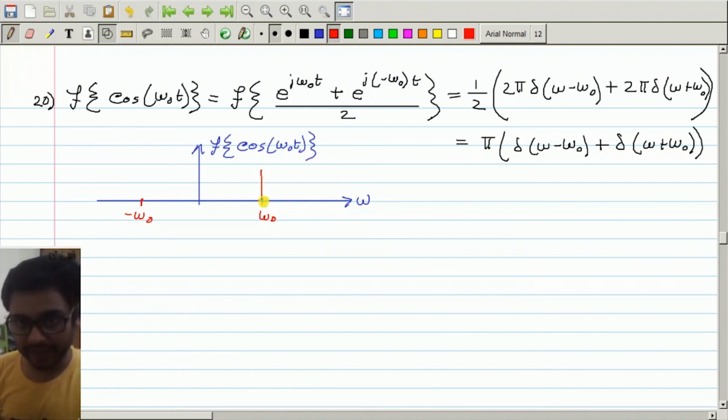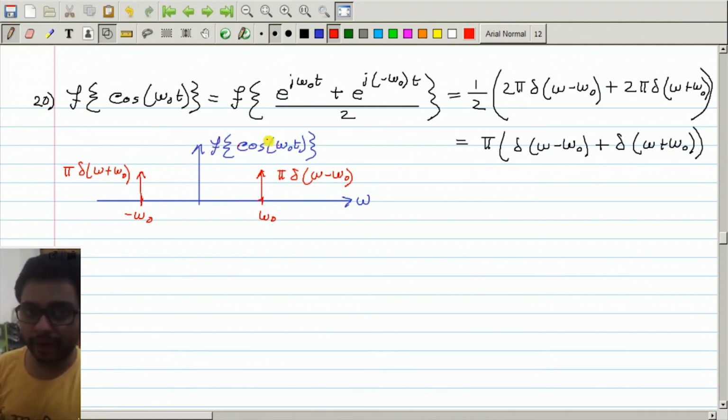So one spike here, which is pi delta omega minus omega naught, another spike here, which is pi delta omega plus omega naught. And this is actually the real part of this Fourier transform, because the imaginary part is 0. And previously we have learned that the real part of the Fourier transform of any real signal must be even. And yes, here also in this example, this Fourier transform is an even function.